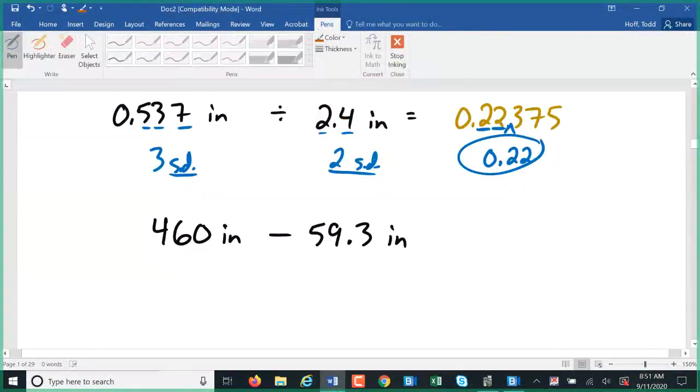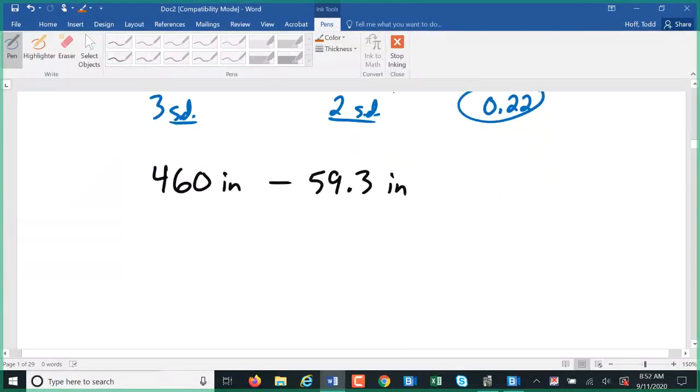Let's try something like this. 460 inches minus 59.3 inches. Well, 460 minus 59.3 is 400.7 inches. But how do we have to round this off? Well, we're subtracting here.